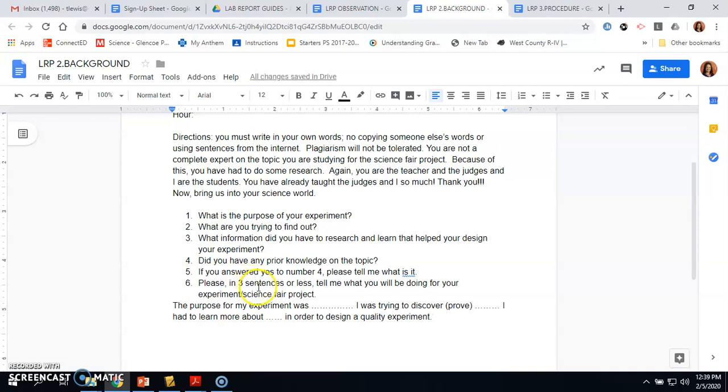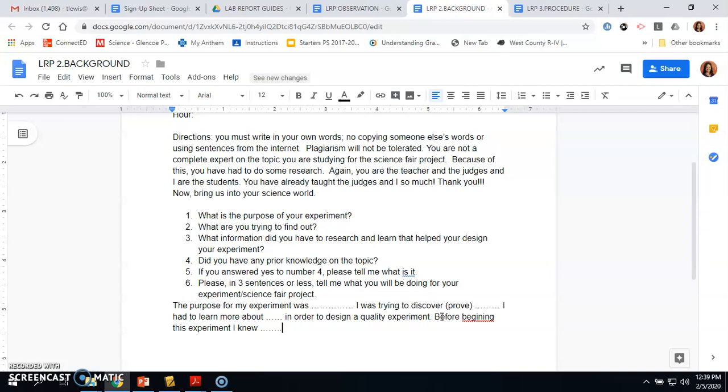Now, for this one, number 3, you might only have one thing, or you might have several things. I've seen well over a dozen. It just kind of depends. Your next sentence will say this: before beginning this experiment, I knew, and you're going to put in what your prior knowledge of the topic was.